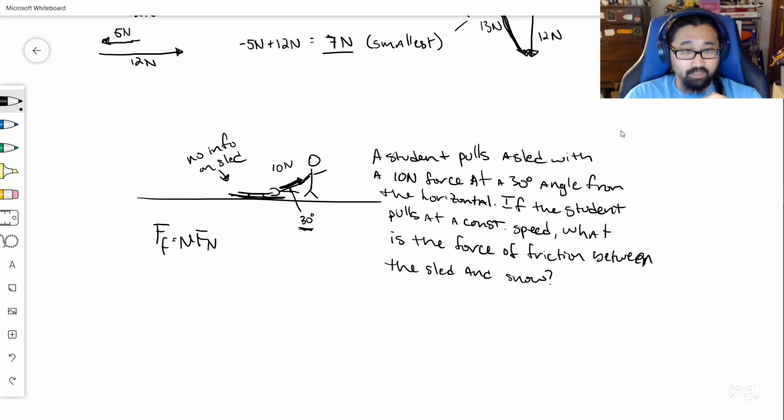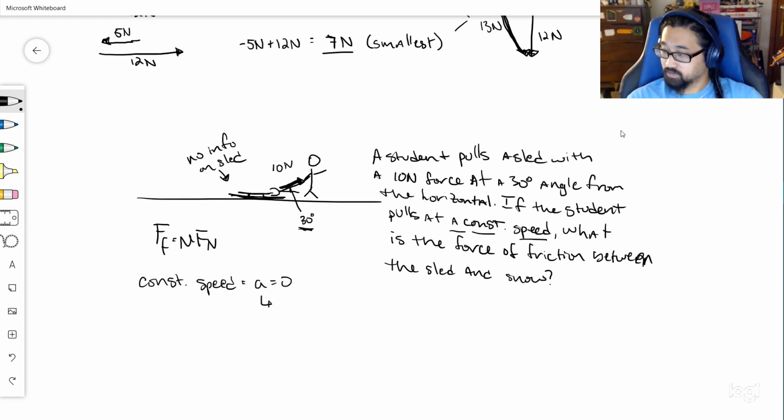Which means I need to use the fact that this thing is moving at a constant speed, right? Because constant speed means acceleration is 0. And if the acceleration is 0, that means that the net force equals 0. That's equilibrium, which means if I draw a picture of all the forces, I'm going to simplify the sled into a dot.